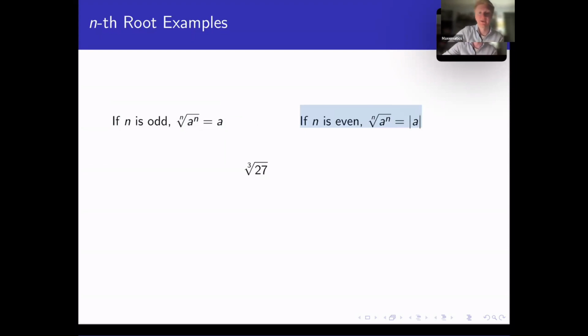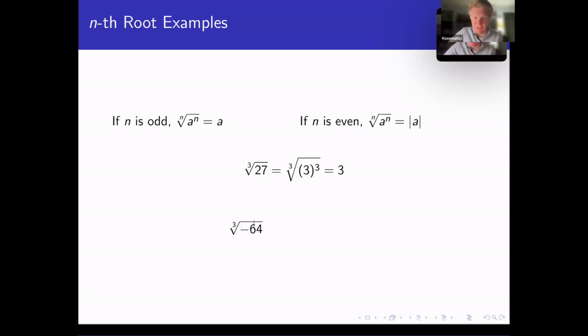So the cube root of 27: 27 is 3 cubed. So the cube root of 3 cubed, this root is odd, so the answer is just itself, 3. Odd root, all we do is take whatever it is, no absolute values. Likewise, the cube root of negative 64.